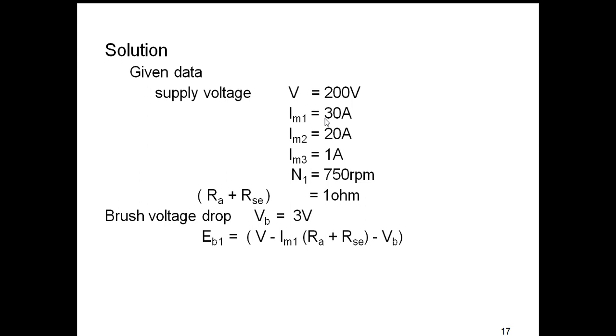We know that the back EMF equation EB is equal to V minus IA into RA plus RSC, and if we also consider the brush drop, it will be subtracted from this value.